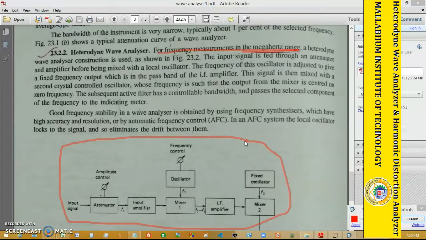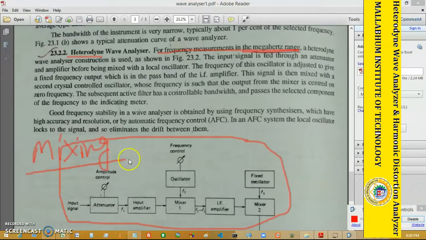In very layman terms, heterodyne means mixing the original frequency with a different frequency to change the original frequency range to another frequency range that is very easy to process. That is the main principle, or the advantage, of the heterodyne principle.